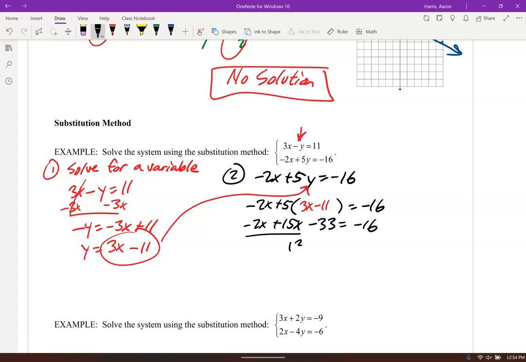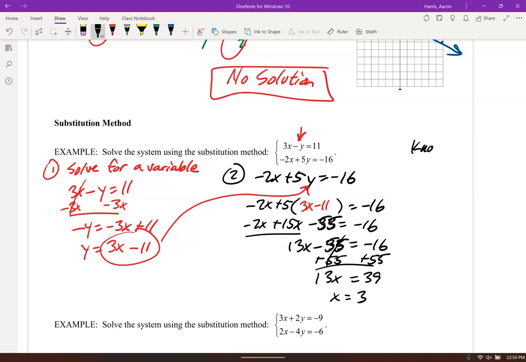Combine like terms. Oh, I'm sorry, that 5 times negative 11, that's 55. Good grief. So add 55. So you got 13x equals 39, divided by 13, and it looks like x equals 3.